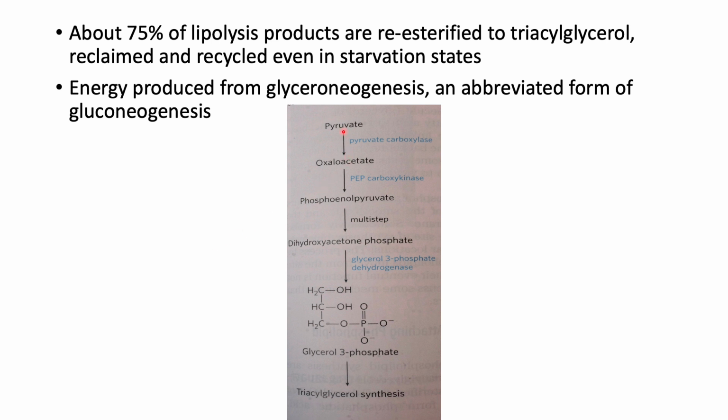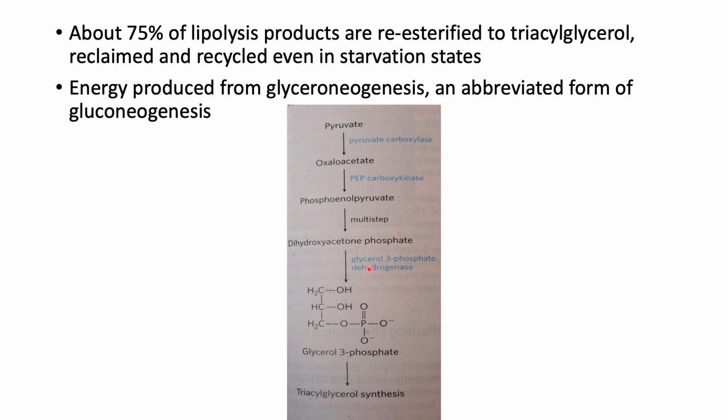So pyruvate is converted to oxaloacetate with pyruvate carboxylase, oxaloacetate to phosphoenolpyruvate by PEP carboxykinase. There's a multi-step process to obtain dihydroxyacetone phosphate.